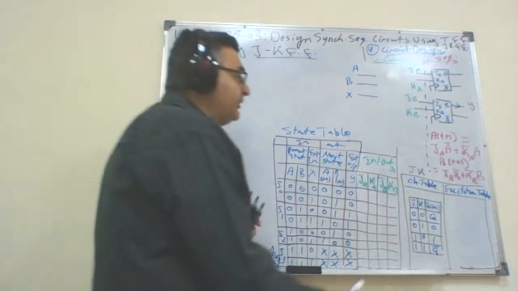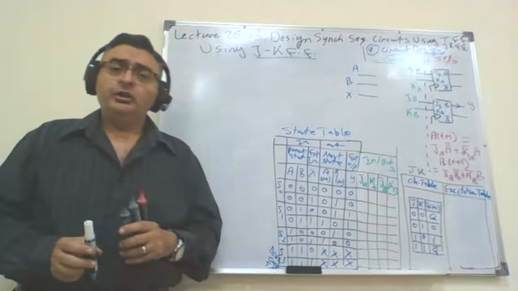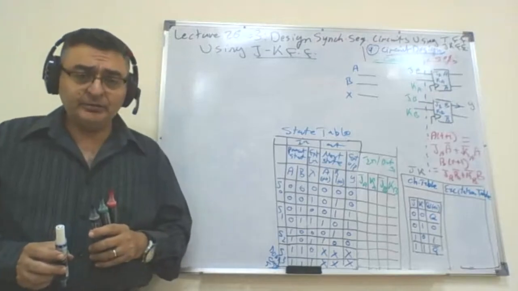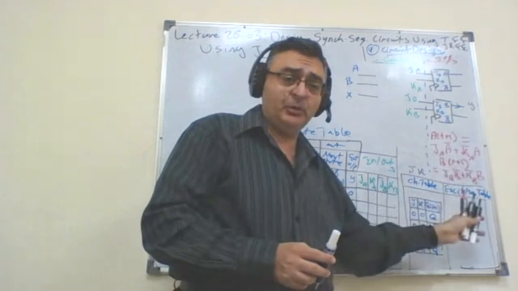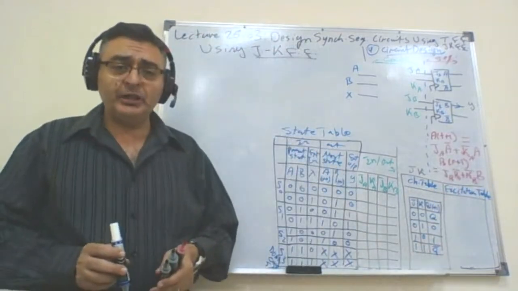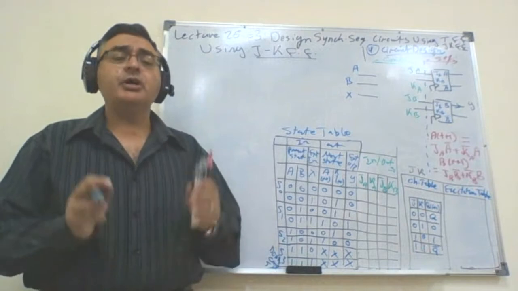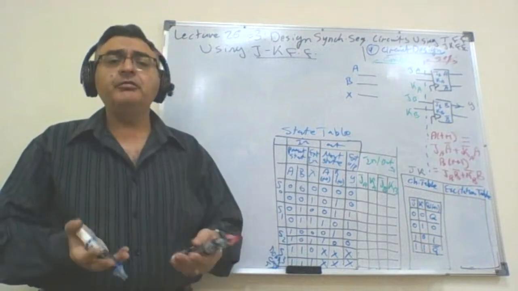So this can be provided by another table called the excitation table. The bad news is that you have to derive the excitation table from the characteristic table. The good news is that you don't have to do that because I will give you the table in the exam if you ever need it.